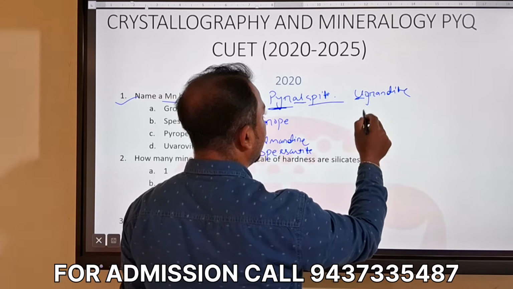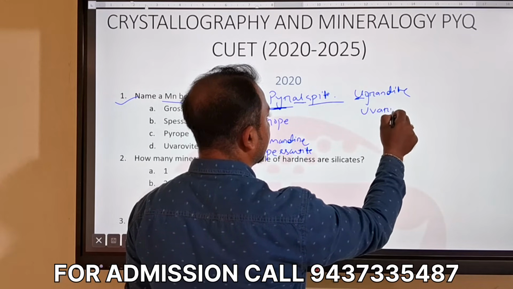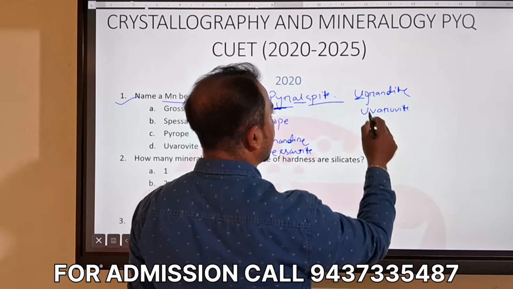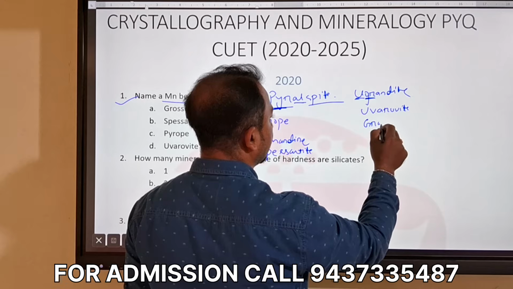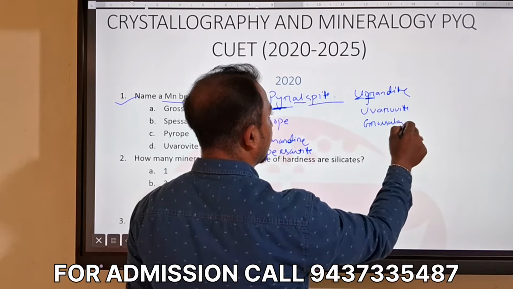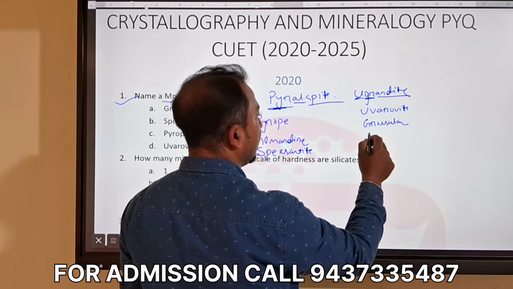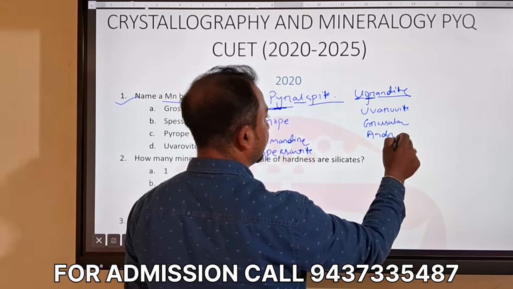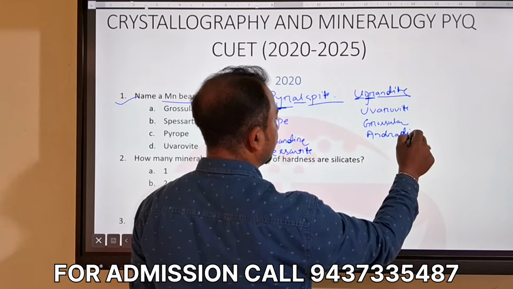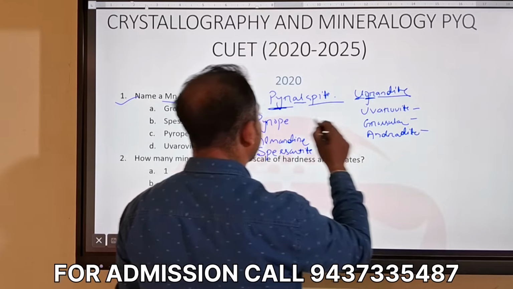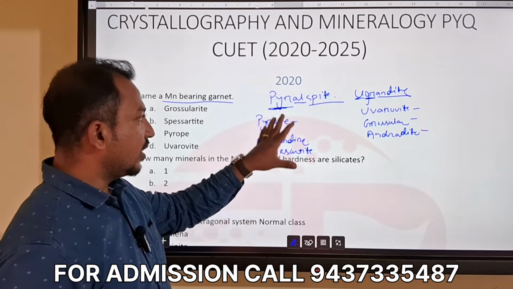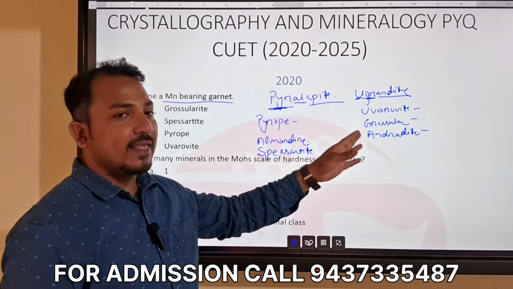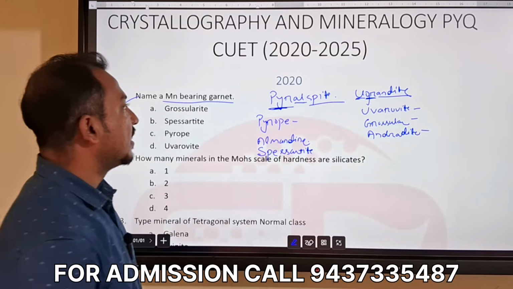And here U is for uvarovite, Gr for grossular, and andit is for andradite. So this is also called your aluminum series. This is called your calcium series.